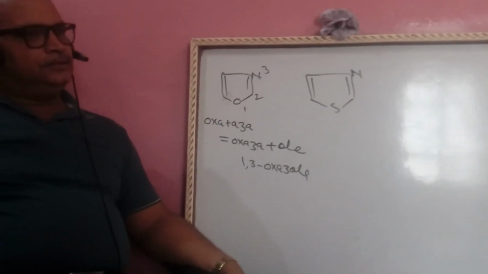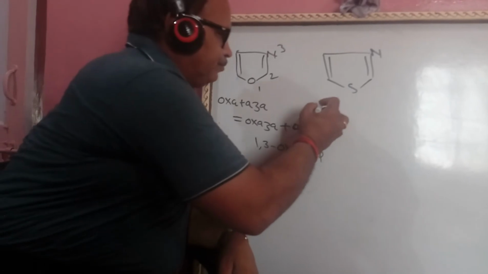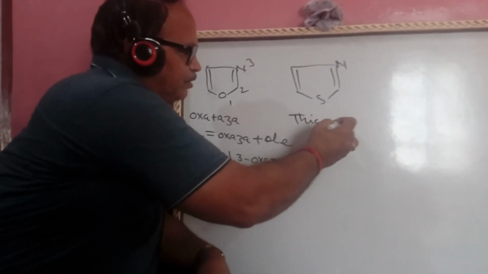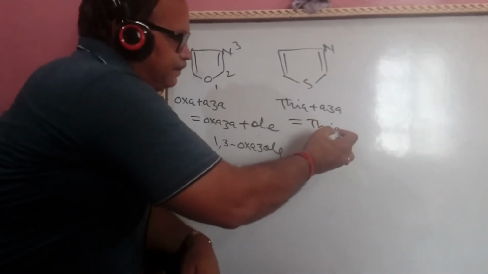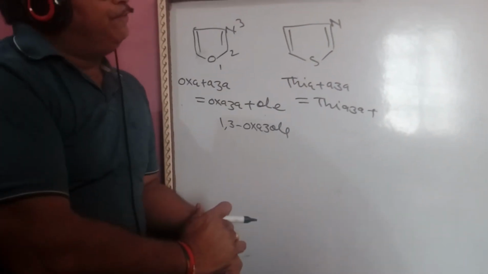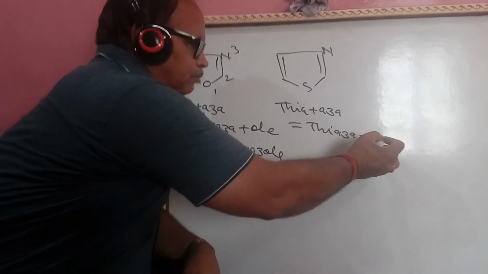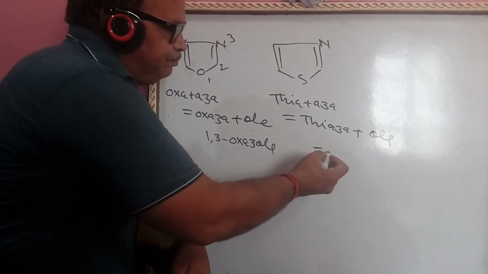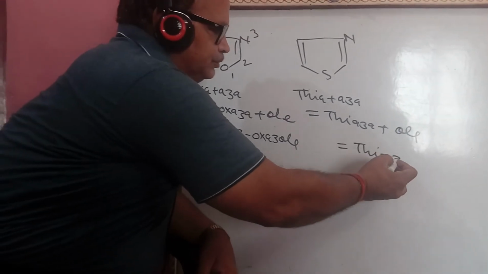So the prefix according to priority rules will be thia plus aza is equal to thiaza, plus according to 5 membered rings the stem and suffix will be -ole, and the name will be thiazole.